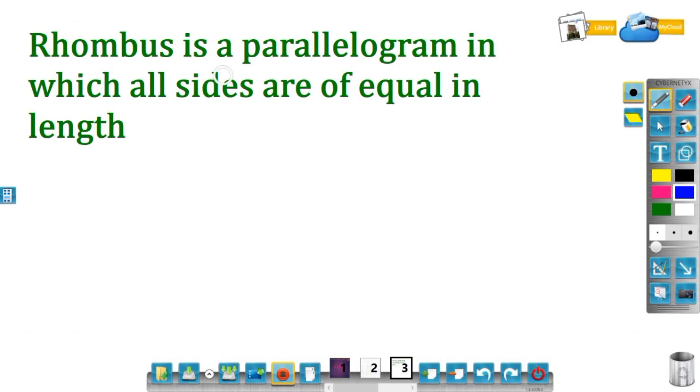So rhombus is a parallelogram in which all sides are equal in length. Rhombus is a special parallelogram in which all sides are equal. So all the properties of parallelogram hold good for rhombus also. And the additional property is all sides are equal.